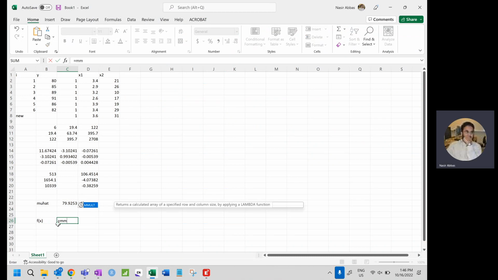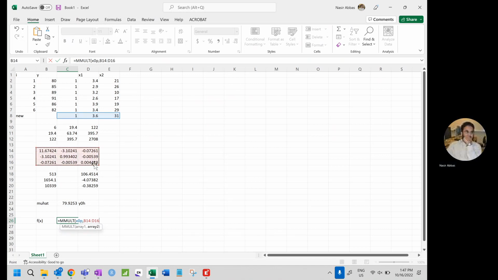So it is matrix multiplication of X naught prime with this X transpose X whole inverse. And then I'll multiply this whole again with X naught. And I don't have X naught, I did not define X naught anywhere.